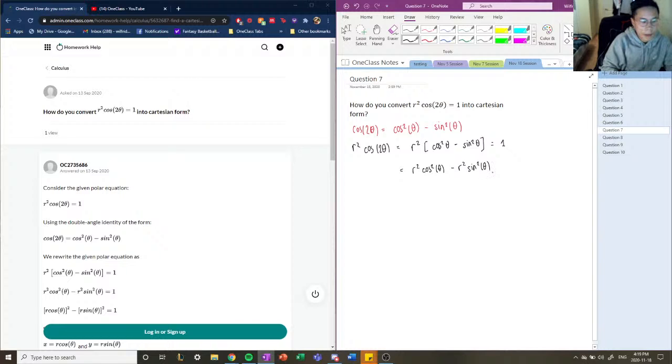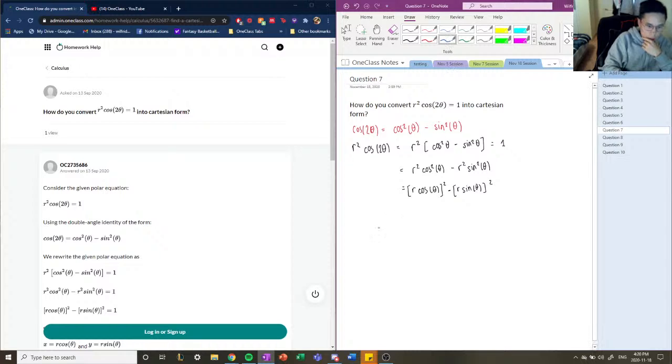Okay, cool. We can alternatively write this as r cos theta, squared, minus r sine theta, squared. Now we're going to need to talk about Cartesian form and polar form, right? Currently this equation is written in polar coordinates.